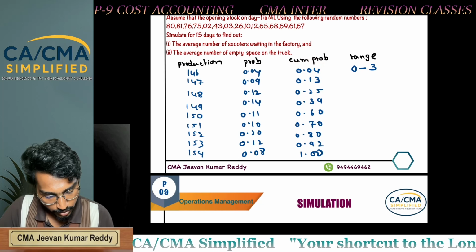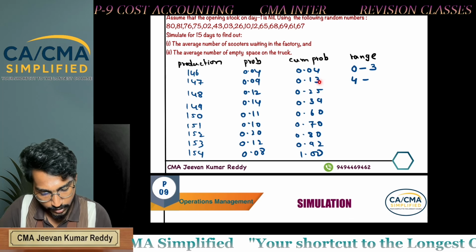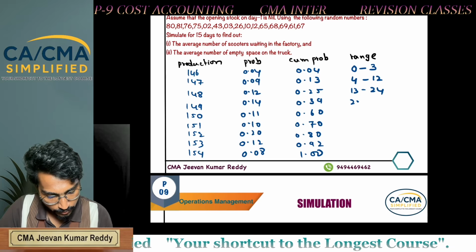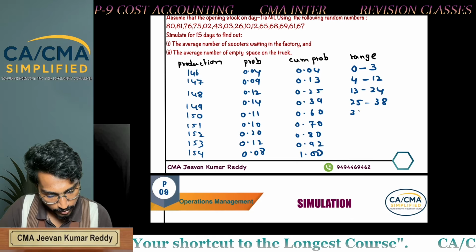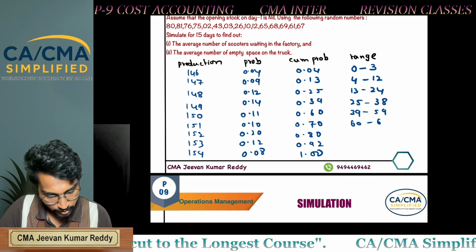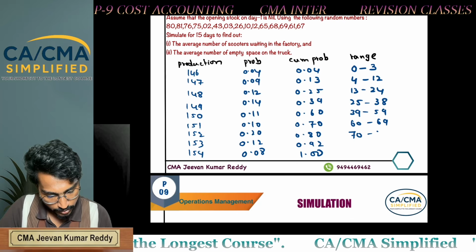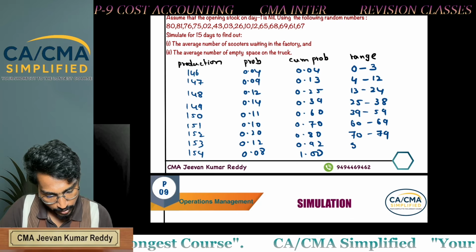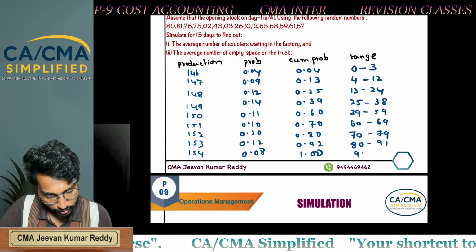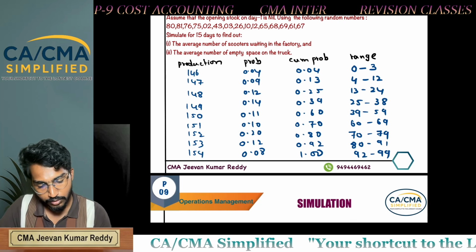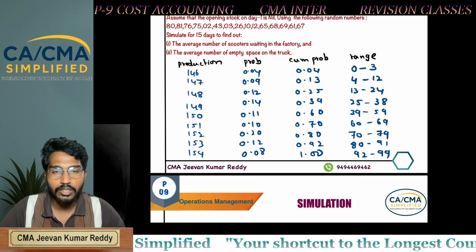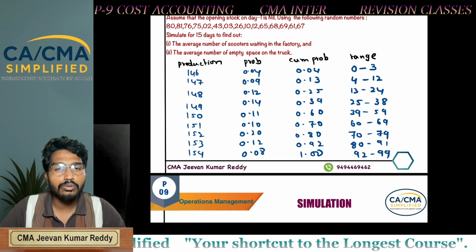Then it starts from 4 to 12, 13 to 24, 25 to 38, 39 to 59, 60 to 69, 70 to 79, 80 to 91, 92 to 99. Why? Because random numbers are from 0 to 99 only.